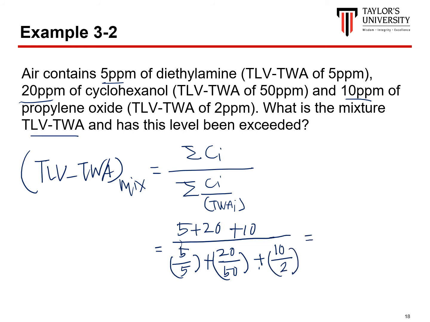So this will give us 5.5 ppm. So in this case, the TWA mixture is 5.5 ppm.